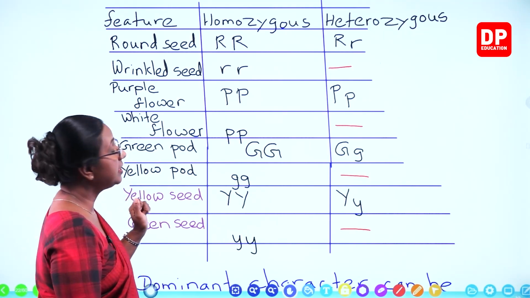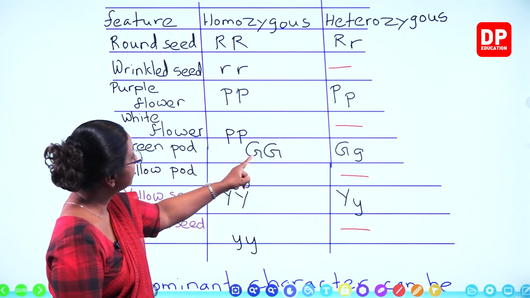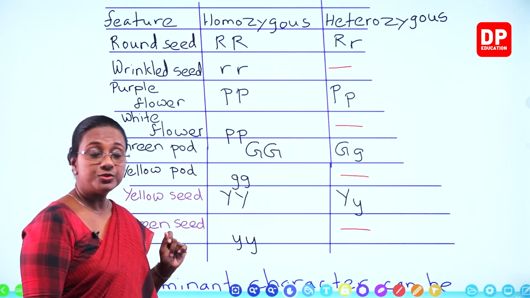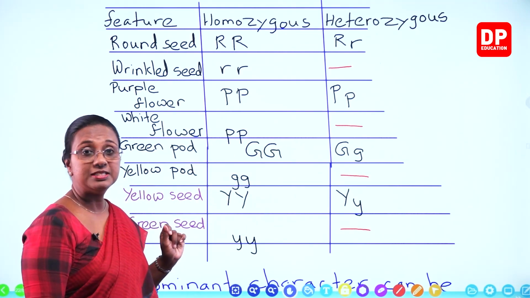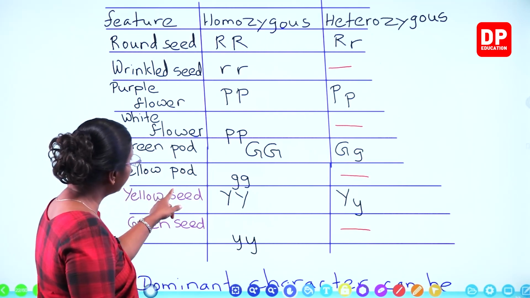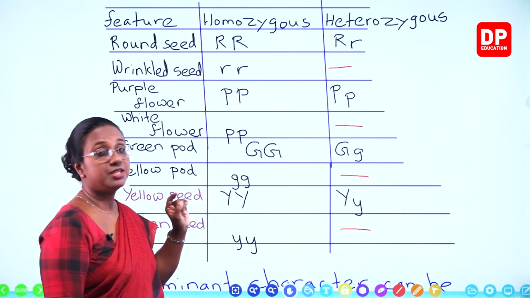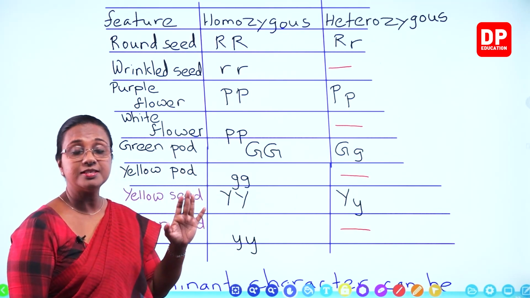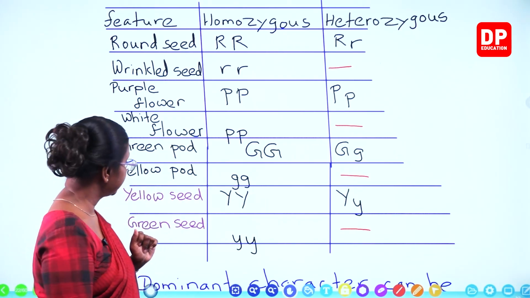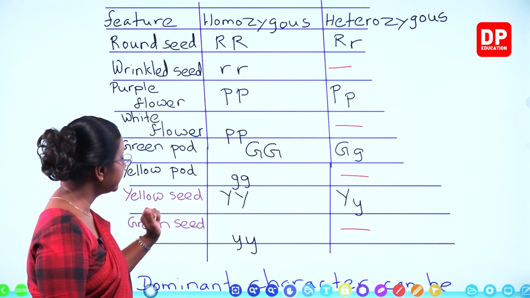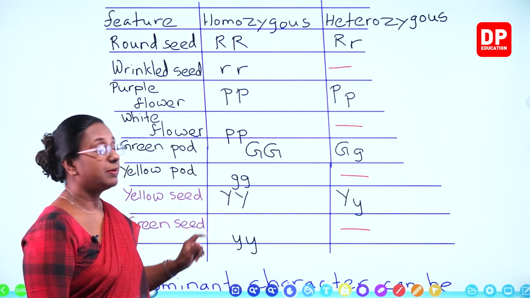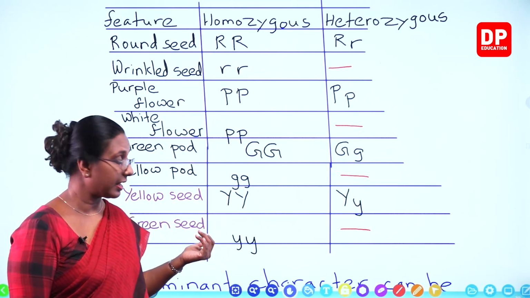Then green color pod is the dominant character: capital G, capital G, homozygote; capital G, small g, heterozygote. And yellow pods, small g, small g, only the homozygote is expressed because it's the recessive character. Then yellow color seeds, capital Y, that is the dominant character.